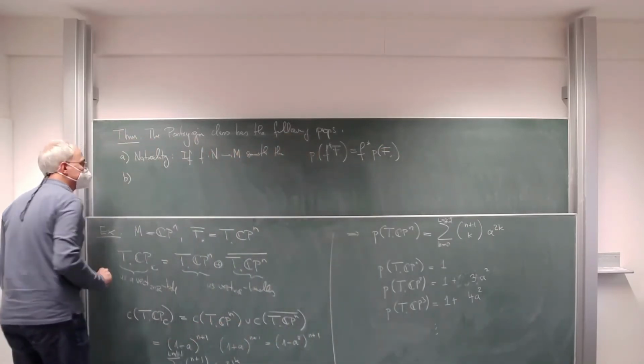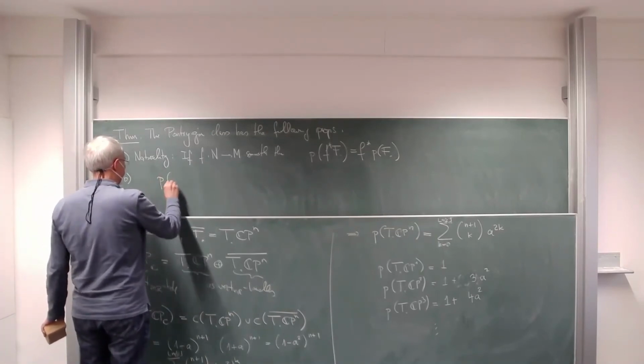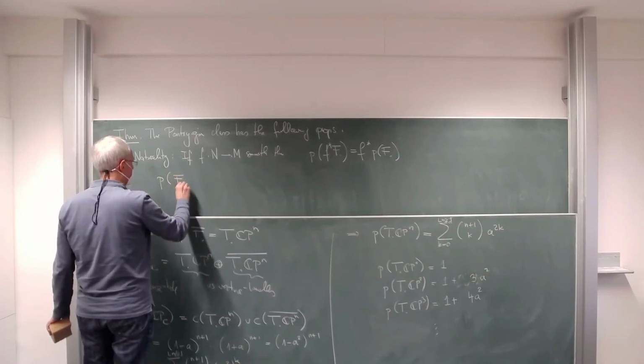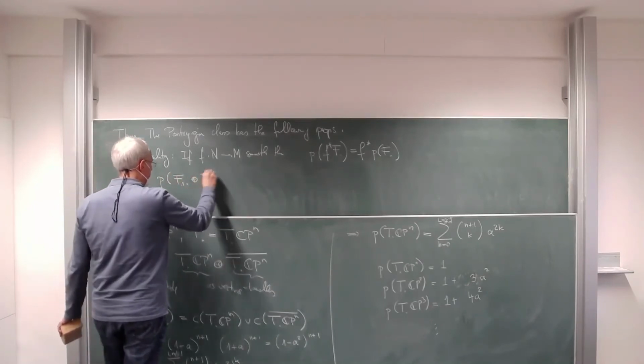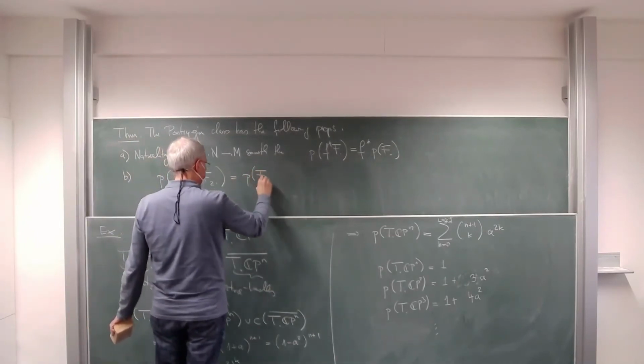Secondly, it has this additive formula: the Pontryagin class of two bundles, E1 plus E2, is the same as the product of the Pontryagin classes.